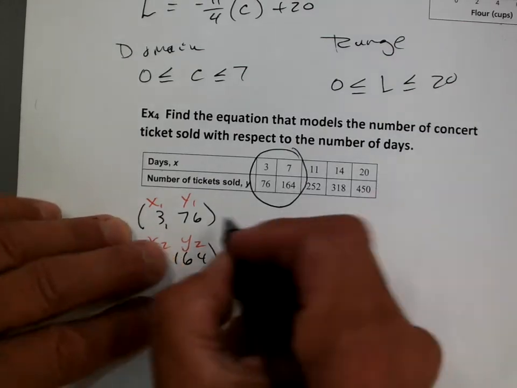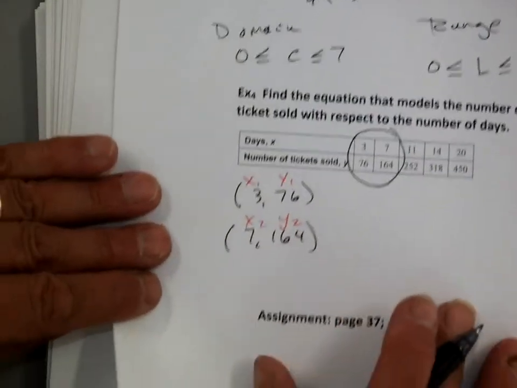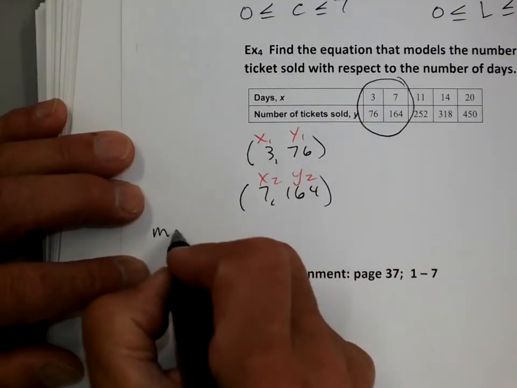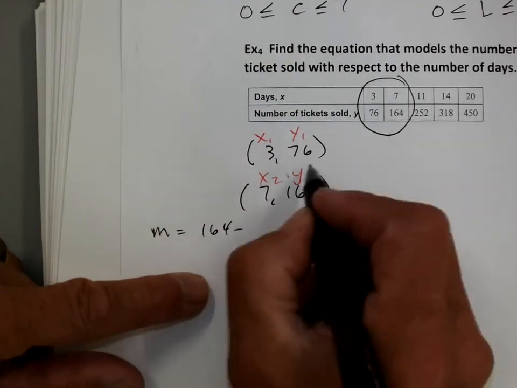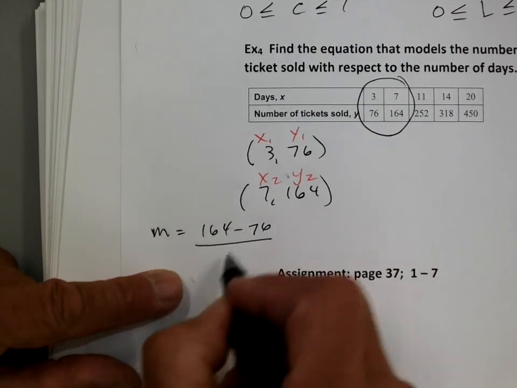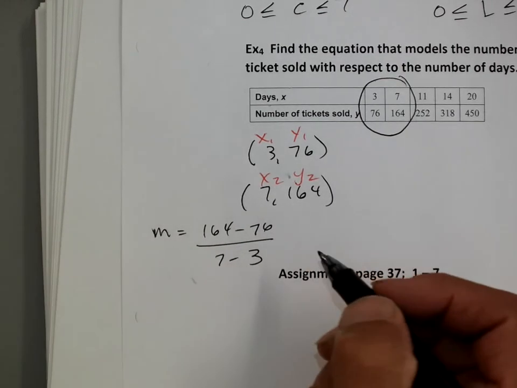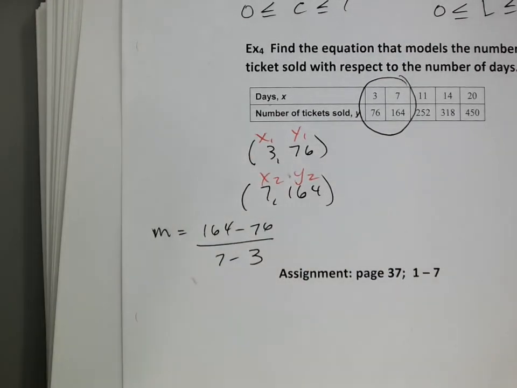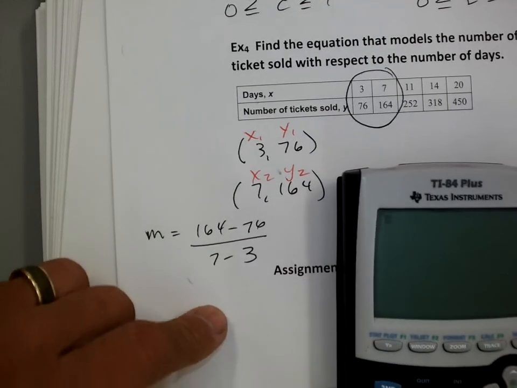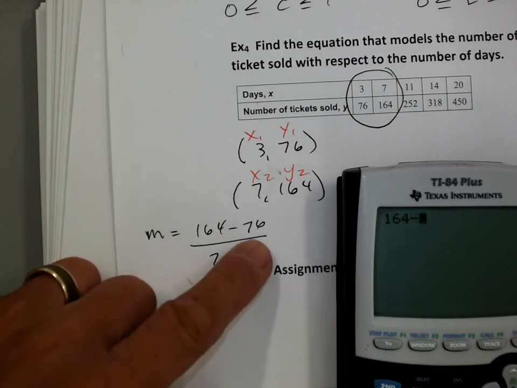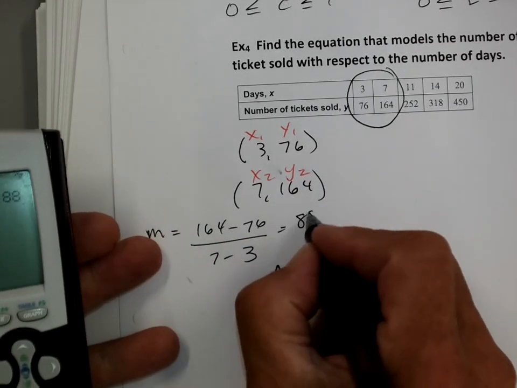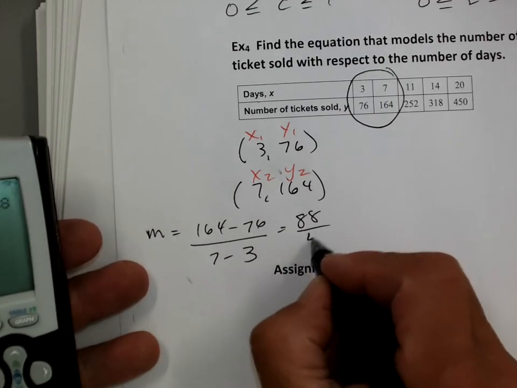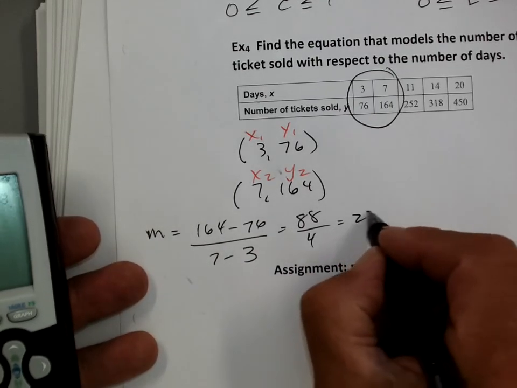I'm going to set up for my slope m equals, we'll go 164 minus 76 over 7 minus 3. Okay. 164 minus 76 is 88 over 4, which is obviously 22. So my slope is 22.